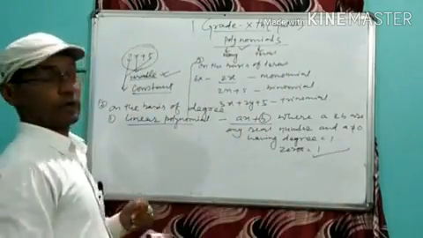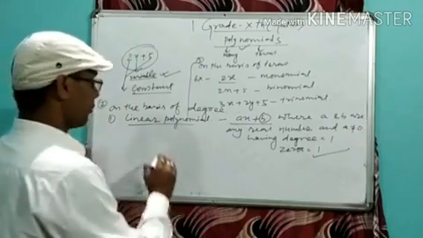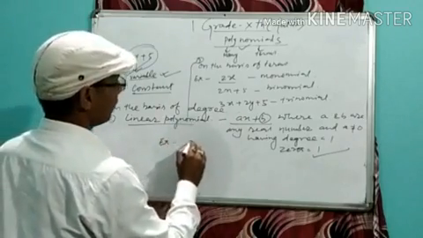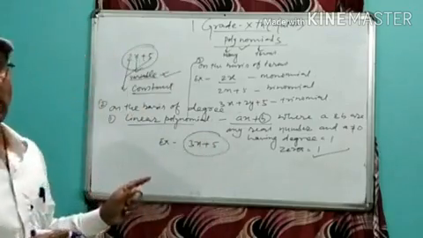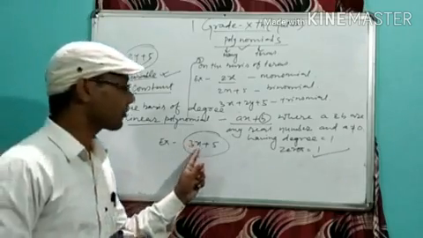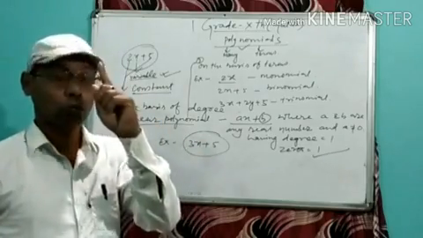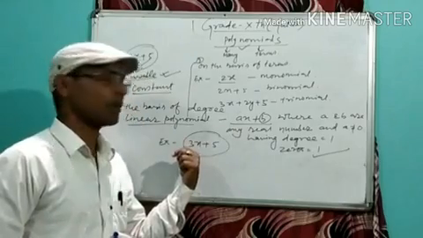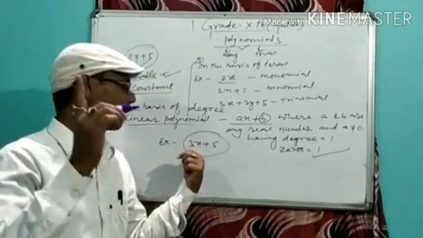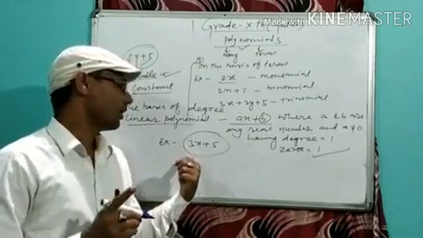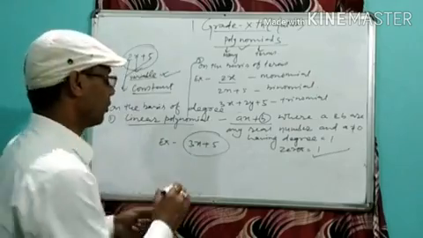This is the identification of the linear polynomial. Suppose I am taking 3x plus 5. This is a linear polynomial. Why? It is a polynomial in x, having degree 1, and certainly it has one zero.